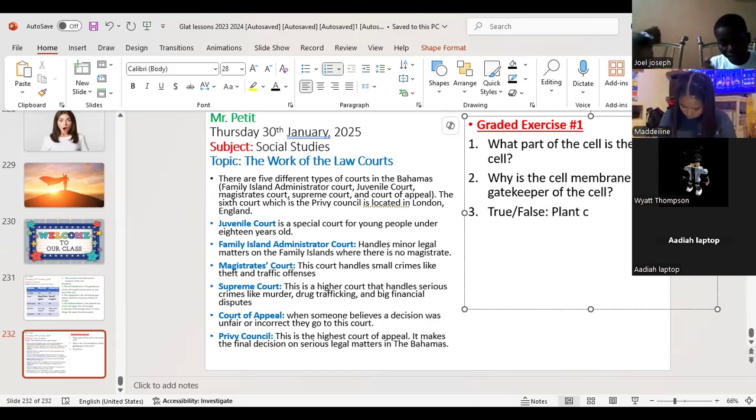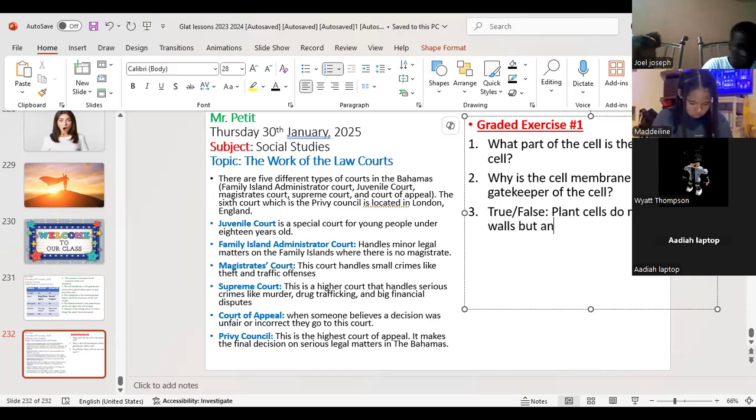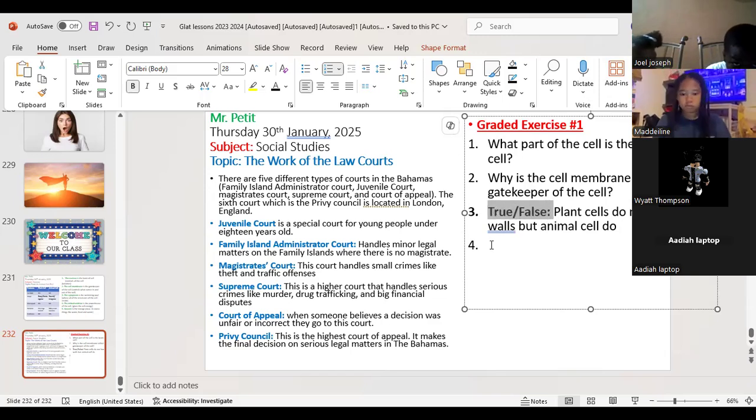Plant cells do not have cell walls, but animal cells do. Number four.